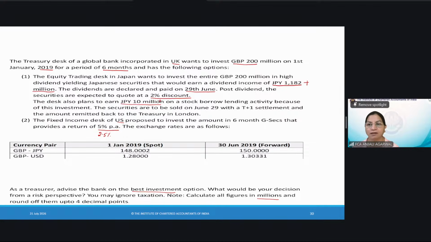Equity is a risky investment as compared to the government securities in US. So if we assume the risk in government securities to be zero, default risk would be zero, it is better to make the investment in US G-Secs rather than to invest in Japanese yen.